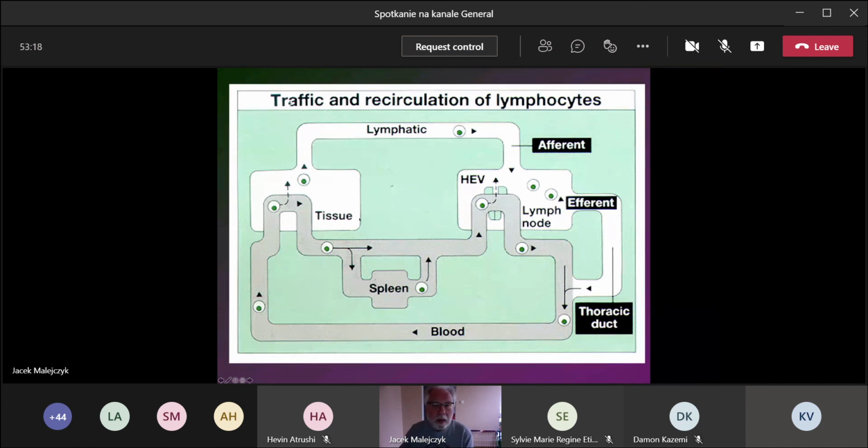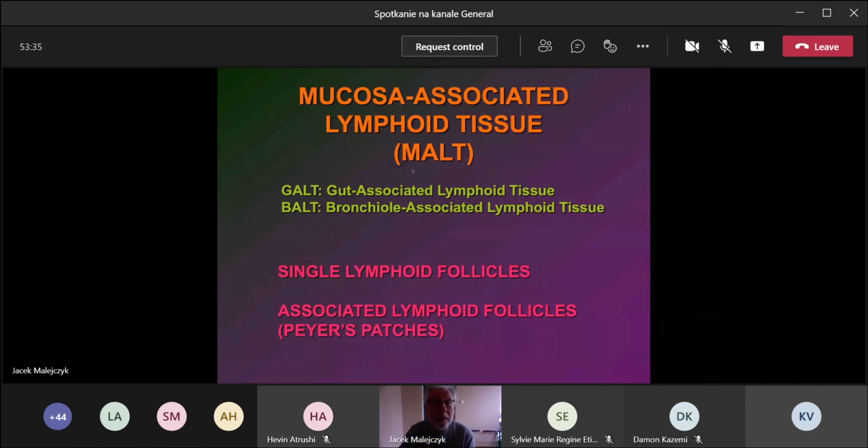In the case of the blood, it is filtered by the spleen, which is incorporated into the circulatory system. And of course, the blood supplies the tissues and lymphatic organs with the immune cells. So all systems are very well integrated.